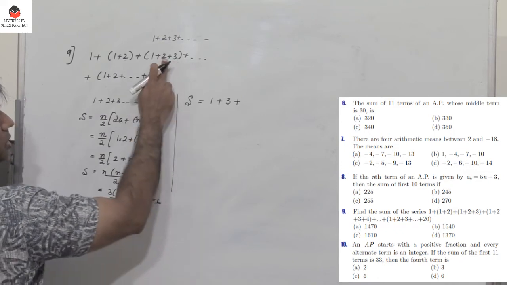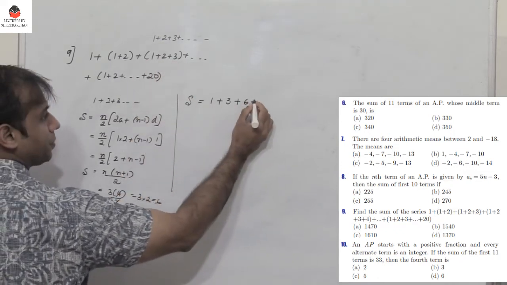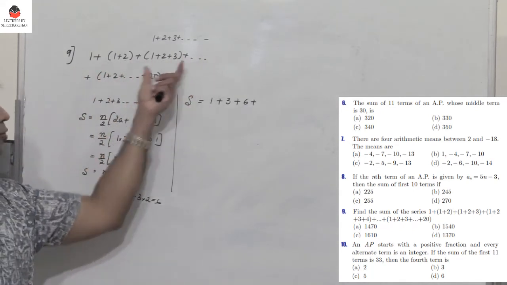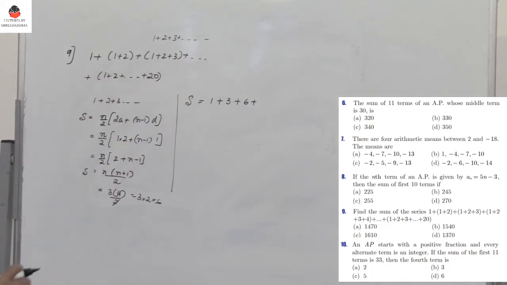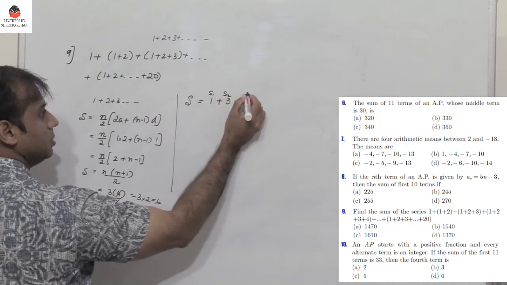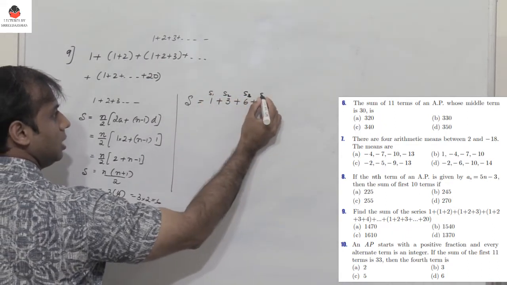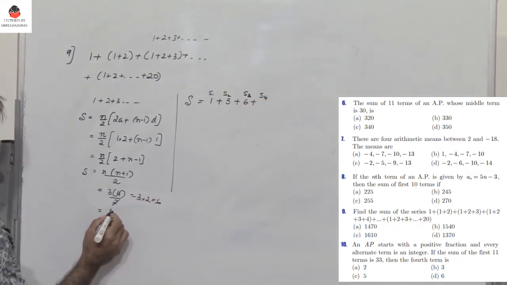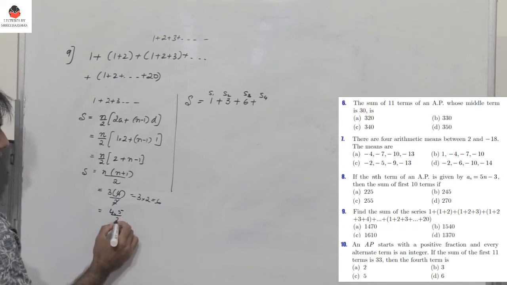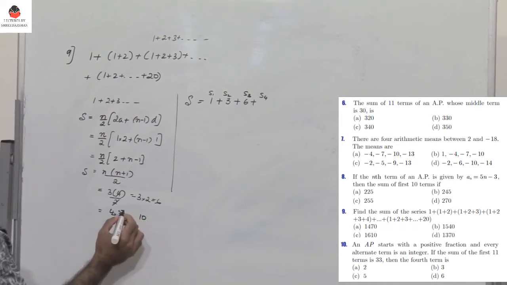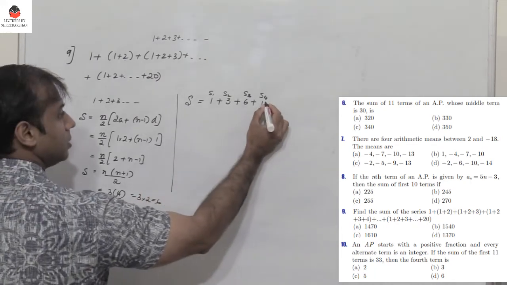So remember 3 plus 2 plus 1 is 6. So like this, I need to find the sum individually for all the 20 terms. So this is the sum up to the first term, the second term, then the third term, and then the fourth term. So it's going to be 4 into 5 by 2. So that's going to be 2 into 5, which is 10. So you get 10 here.